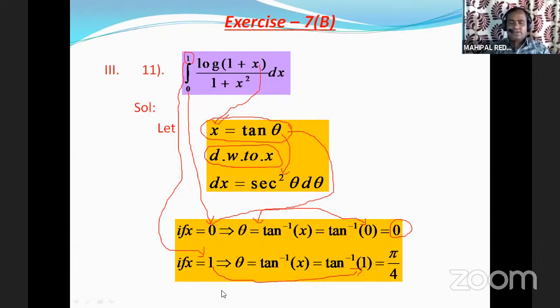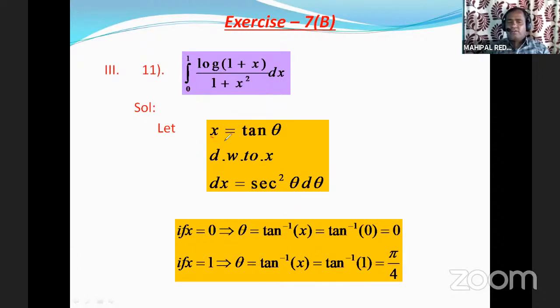So dear student, listen carefully. What I am choosing here is x equals tan theta. Taking the derivative with respect to x on both sides, we get dx equals sec square theta d theta.